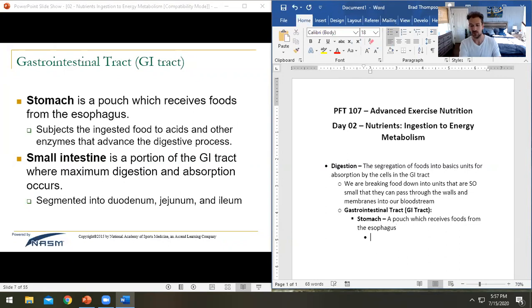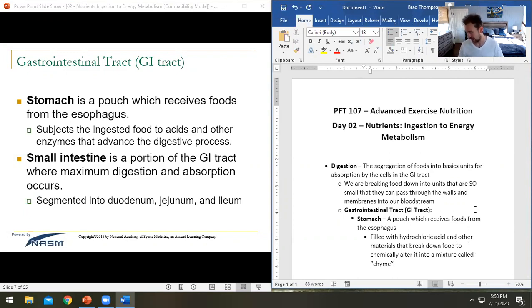It's filled with hydrochloric acid and other materials that break down food to chemically alter it into a mixture called chyme.